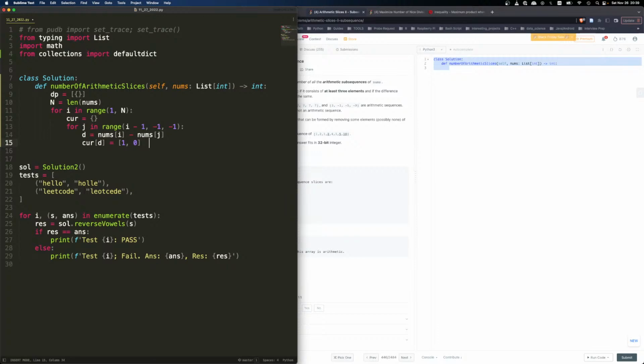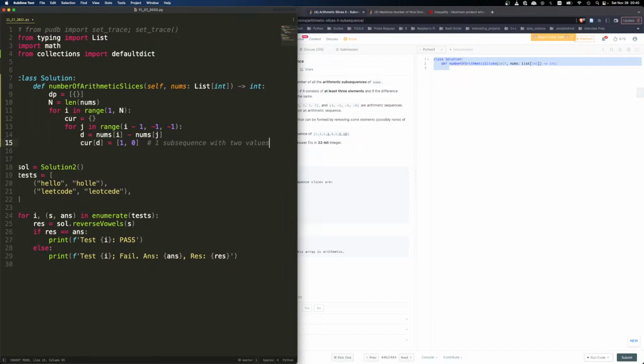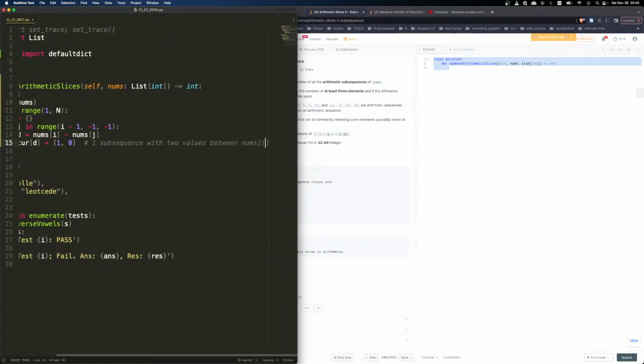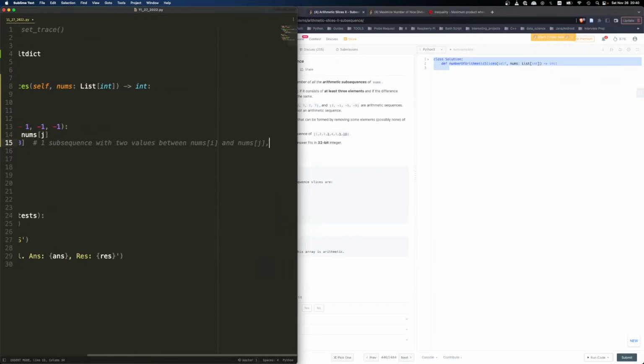Okay. So we say this is difference with nums, 1 subsequence with 2 values, right? 1 subsequence with 2 values between nums I and j, and then 0 subsequence with more than 2 values containing nums I and nums j.